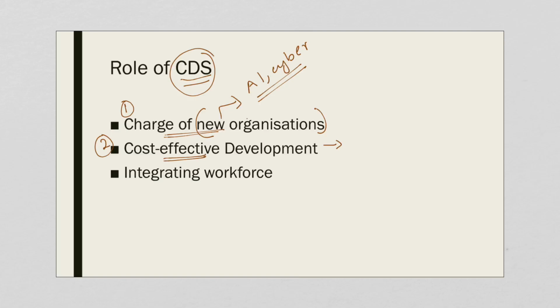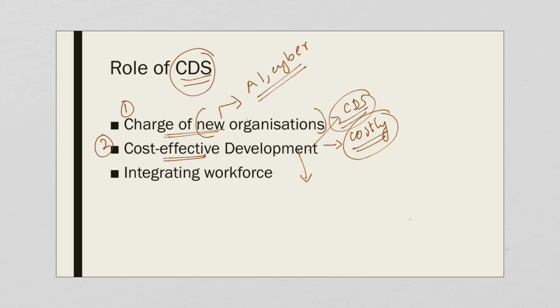But these advancements are extremely costly. So, a lot of money or monetary resources are needed to develop these organizations. And the CDS can facilitate optimal and cost-effective integrated development and deployment of such structures. How is this possible?